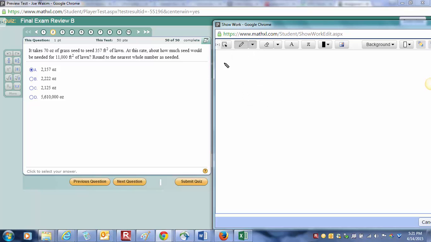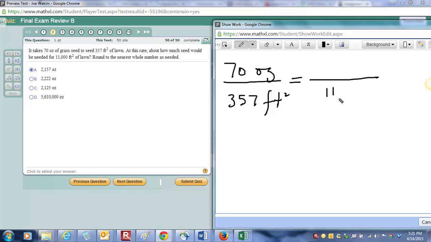Use the proportion, 70 ounces, and this corresponds to 357 square feet. And finish the proportion. I have 11,000 square feet. That should go in the denominator. And that corresponds to x ounces.